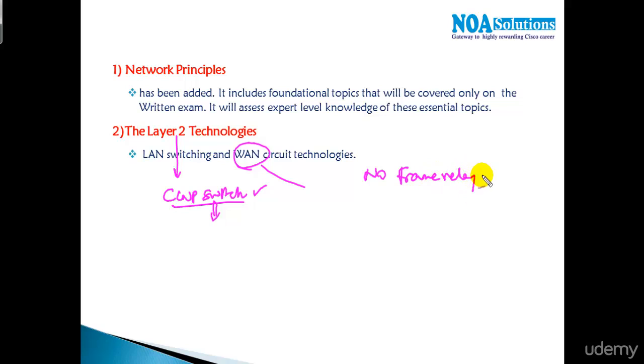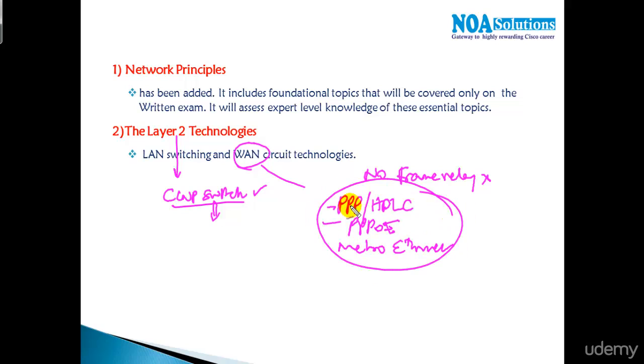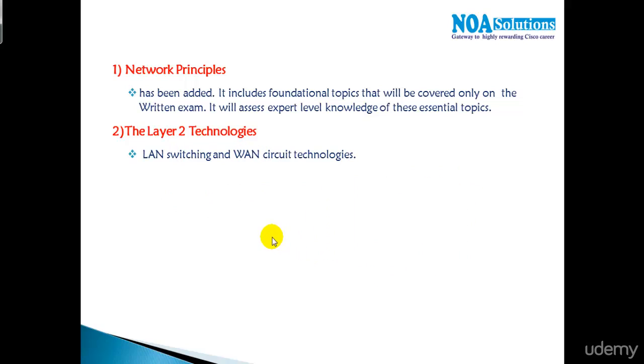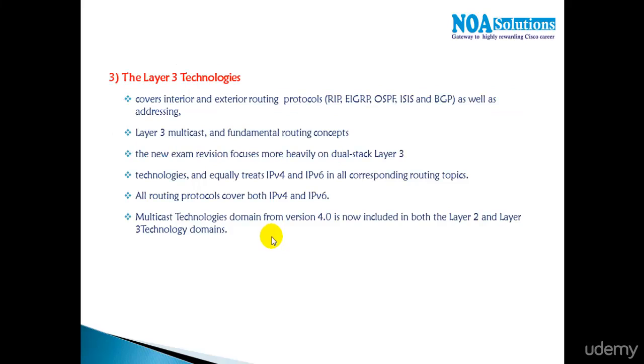Instead you will be tested on PPP and HDLC protocols, same as previous versions, and then on PPPoE, and then Metro Ethernet WAN connections. So these are the major things. There is no more Frame Relay in the new version of the CCIE blueprint topics.